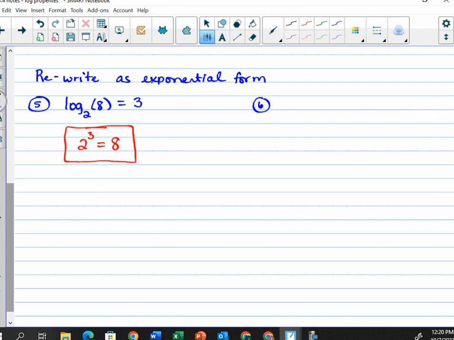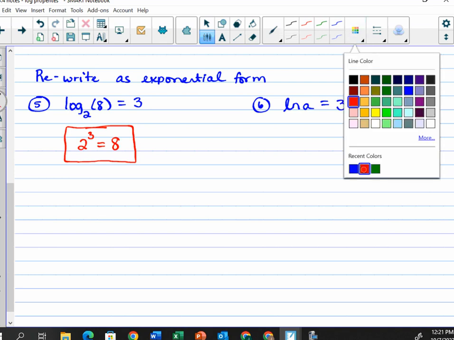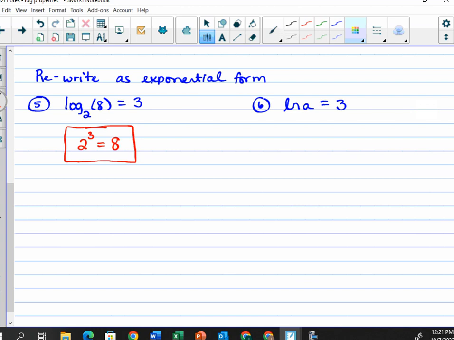Let's do natural log of a equals 3. Write it down.